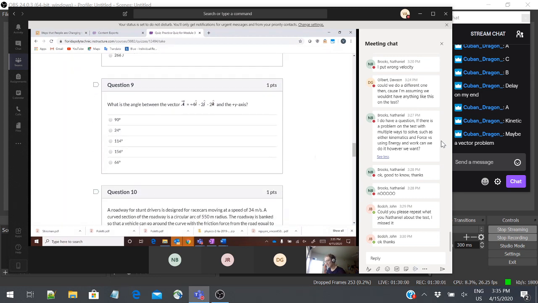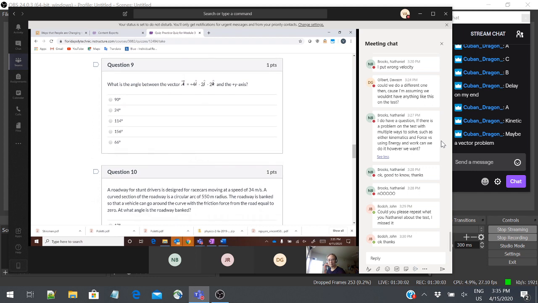Here's another vector one. What is the angle between these two? So Gabe, you were interested in the angle. So can you tell me how you might approach this problem?